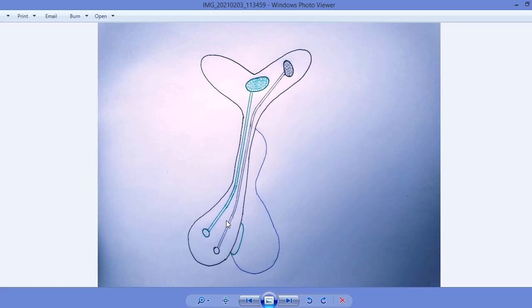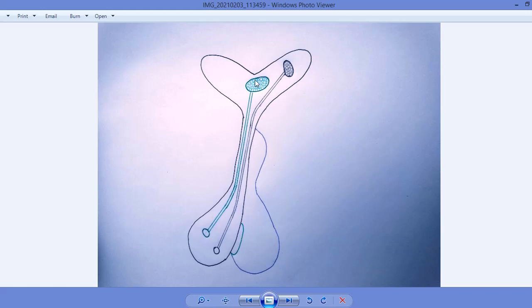Actually, the posterior pituitary gland is also supervised by the hypothalamus. In the hypothalamus, we know that there are four major types of nuclei. The two nuclei which control the function of the posterior pituitary gland are shown in the diagram. In this diagram, we can see two nuclei inside the hypothalamus.